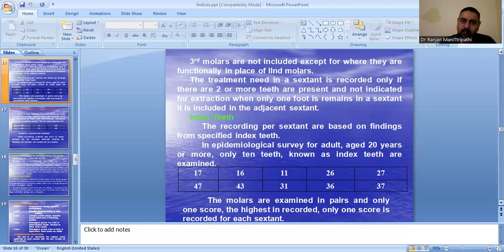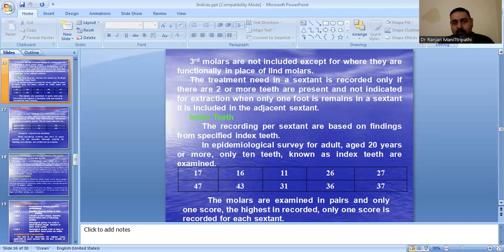Index teeth: the recording per sextant is based on findings from specified index teeth. In an epidemiological survey for adults aged 20 years or more, only 10 teeth, known as index teeth, are examined.